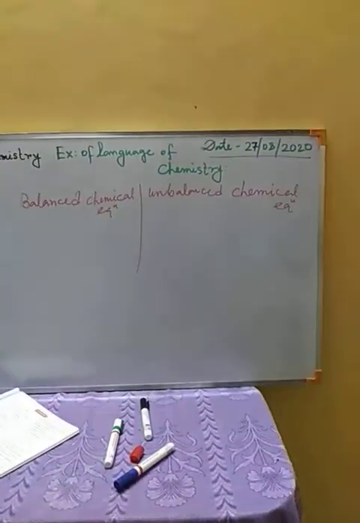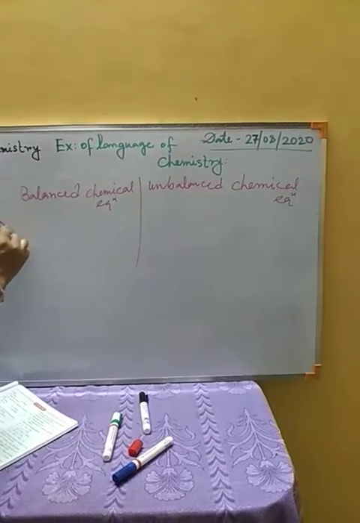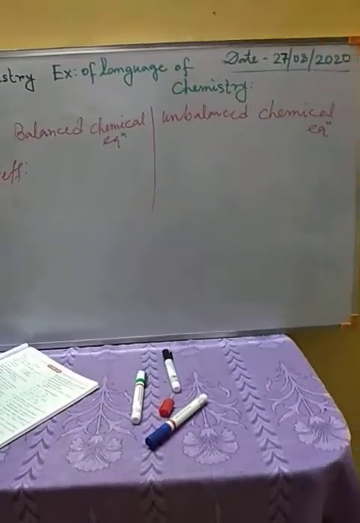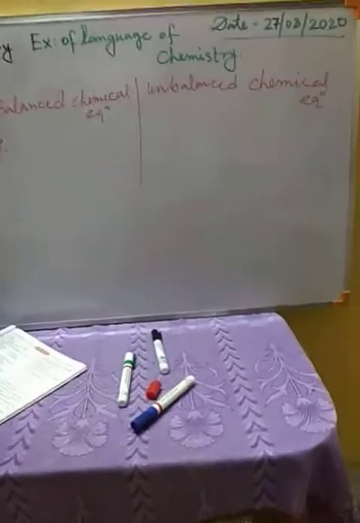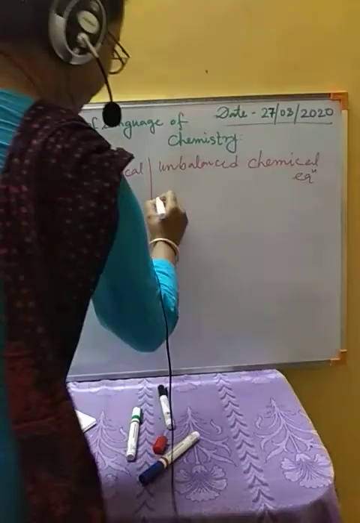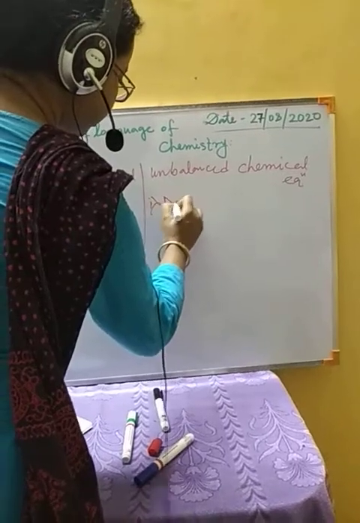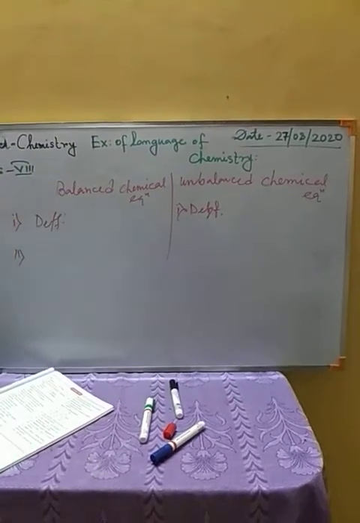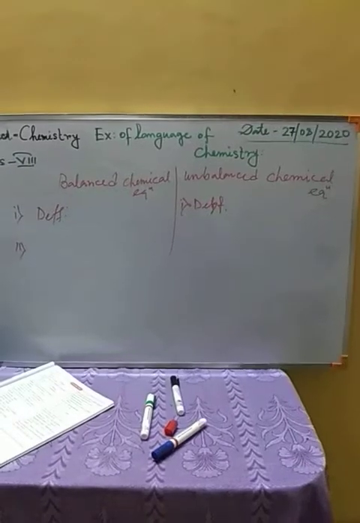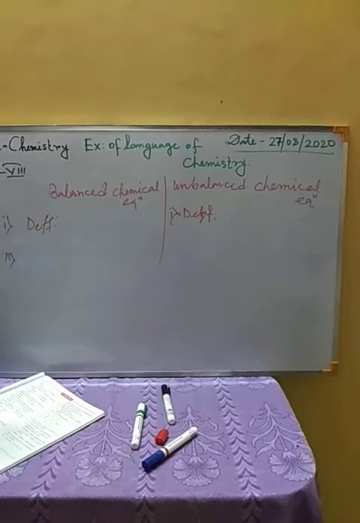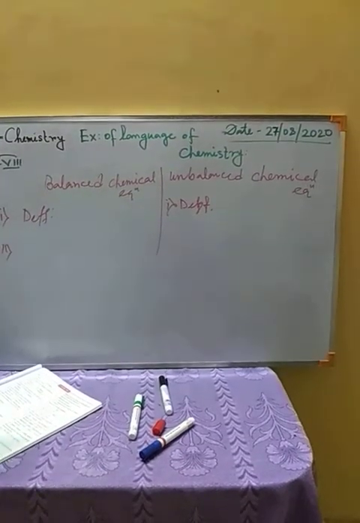First of all, you will be writing the definition. The definition will be the first point, and number 2 the second point. In short I am writing: the definition of unbalanced chemical equation, and here the definition of balanced chemical equation. Next, the second point, here you write a chemical equation which is balanced.